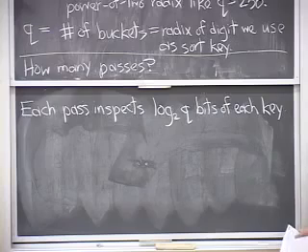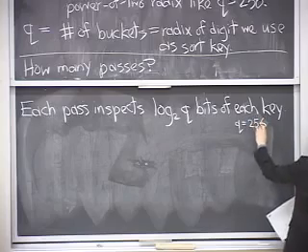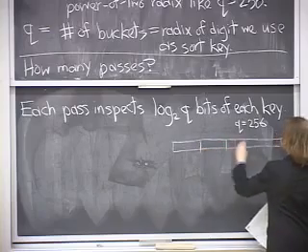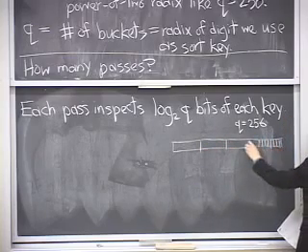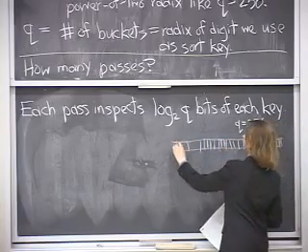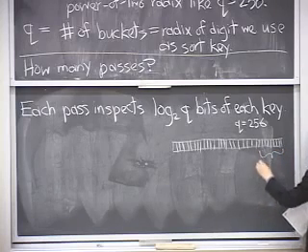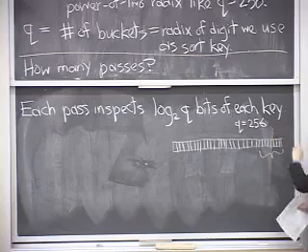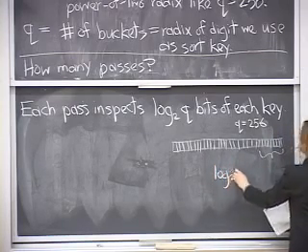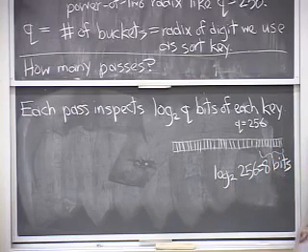Let me give you a concrete example of what that means. Suppose Q is 256. Well, an int is expressed as 32 bits. And if you take 256 Qs, then that means you can deal with log base 2 of 256, which equals 8 bits in one pass.